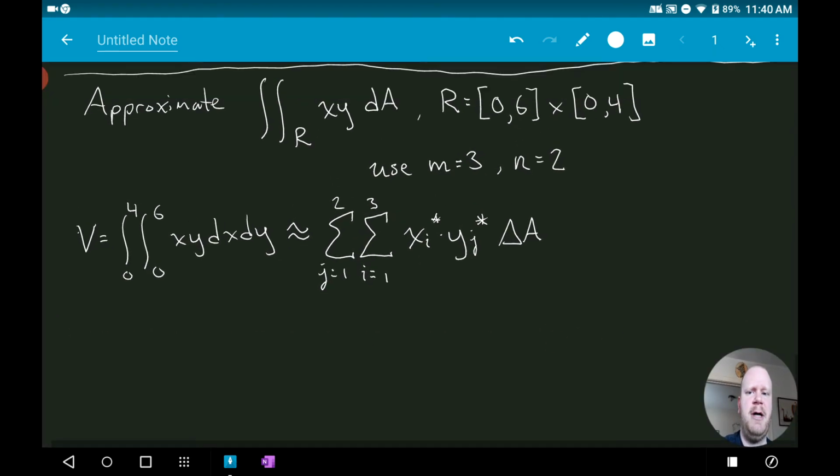So I would suggest drawing a sketch of what's going on here. So here's x, here's y. So y is going to be between 0 and 4, x is going to be between 0 and 6.